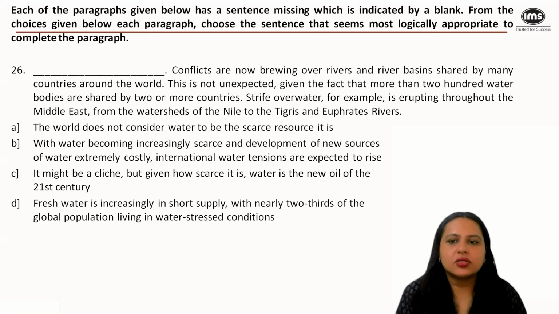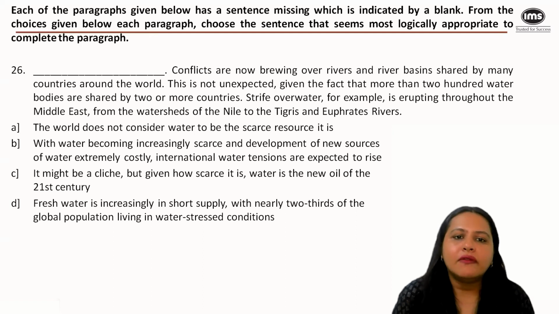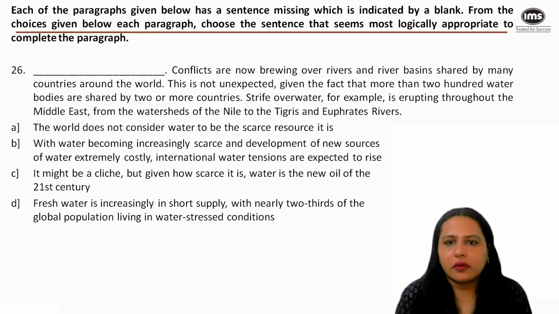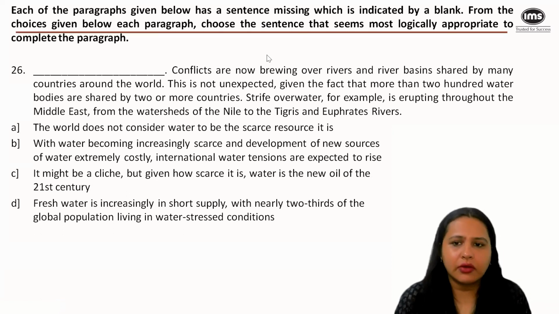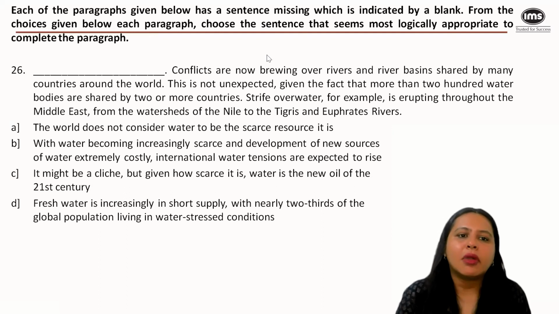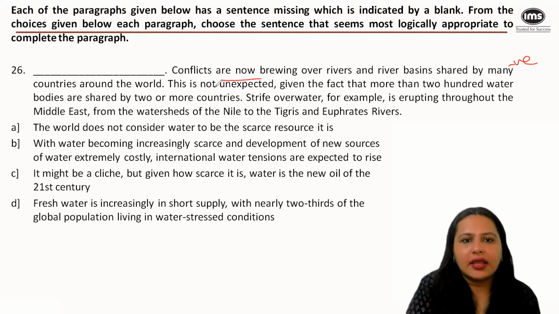There's a blank. So the next sentence to it is extremely crucial. Conflicts are now brewing over rivers and river basins shared by many countries around the world. So we are not talking about India, we are not talking about one continent, but countries around the world, and the conflicts are now brewing. So the tone is negative. This is not unexpected.